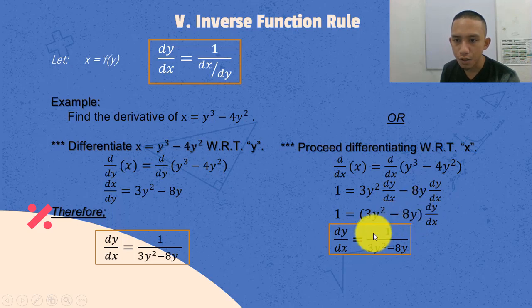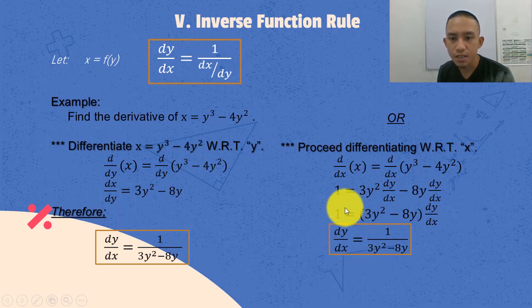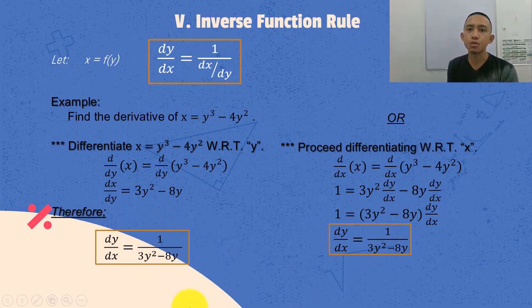So cross multiply or divide both sides by 3y squared minus 8y, then that will be gone on this side, and you are left with dy/dx. So I will just interchange them. dy/dx is equal to 1 over 3y squared minus 8y, which is exactly the same as our inverse function rule. So again, it's up to you.